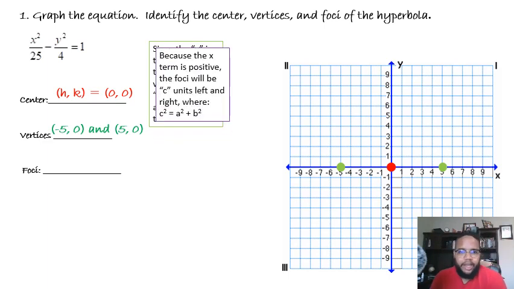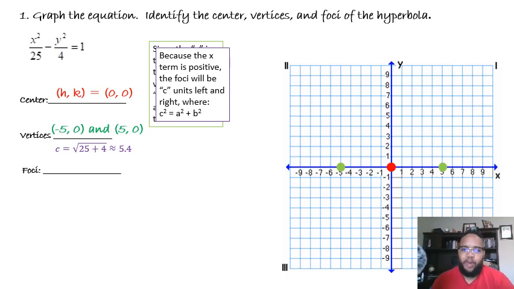So because the x term is positive, the foci will be C units left and right, where C squared is equal to A squared plus B squared. So C is going to be equal to the square root of A squared plus B squared, which is 25 and 4.